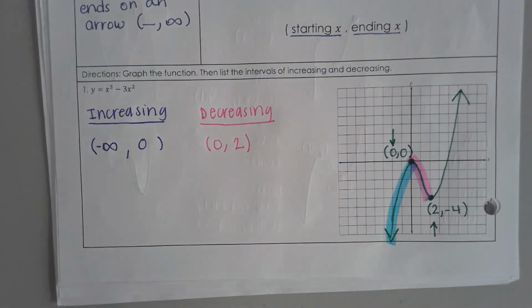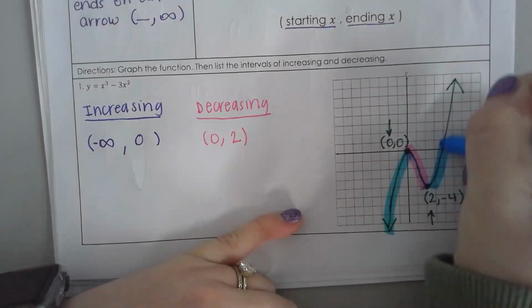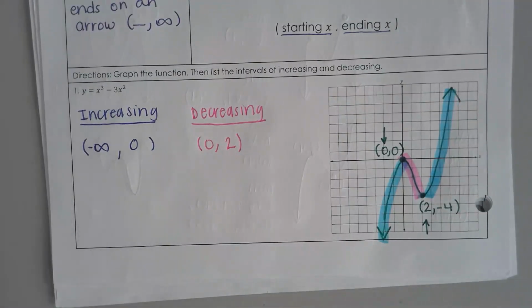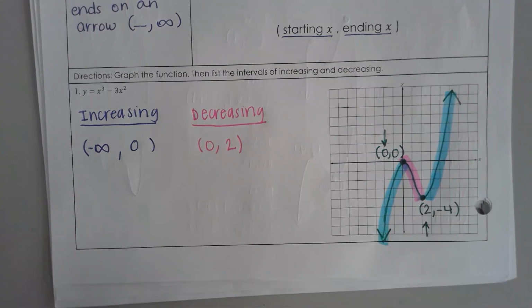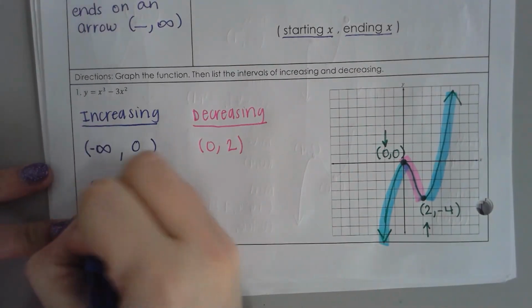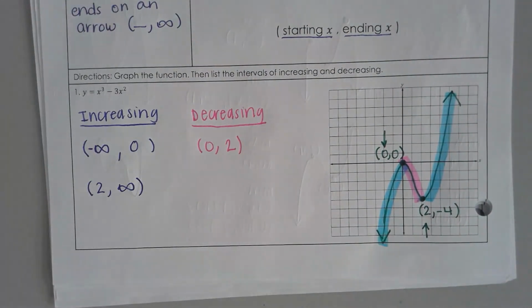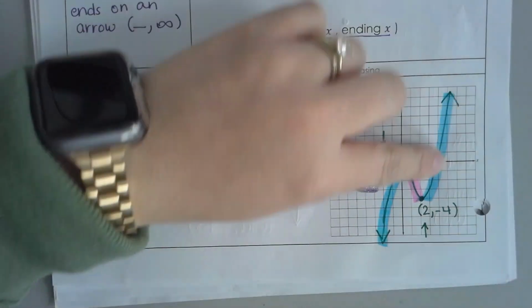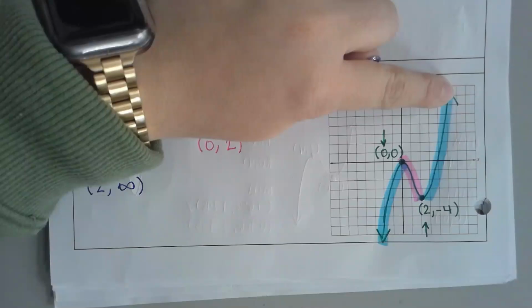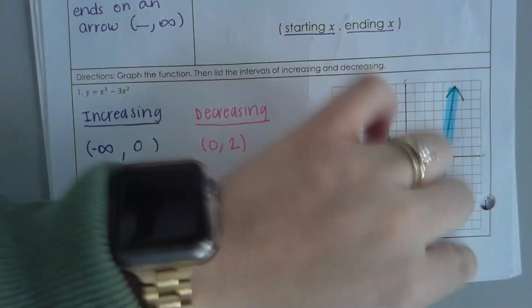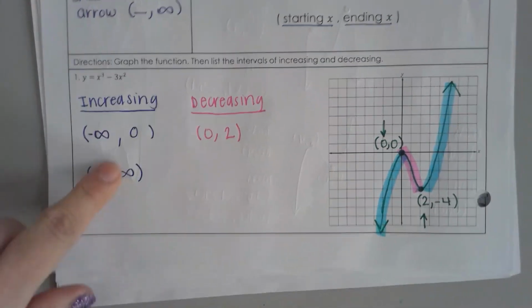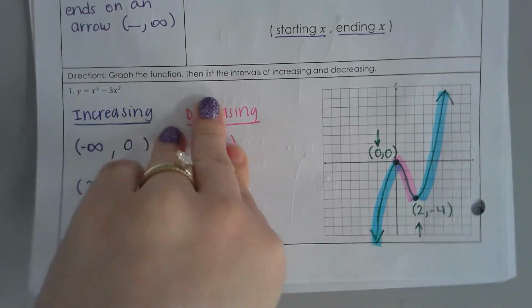It increases. Yep, these graphs go back and forth. They flip-flop. Increase, decrease, increase, decrease. So from 2 to positive infinity. It doesn't necessarily matter if it's pointing up or down. If it ends on an arrow, it goes to positive infinity because it's going to the right.